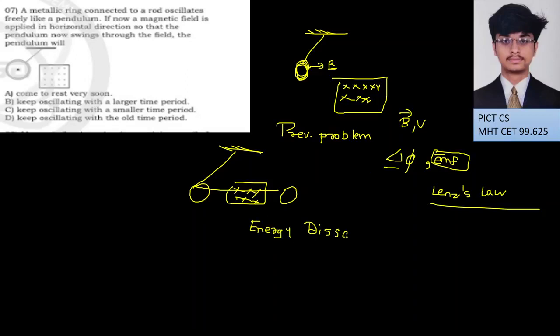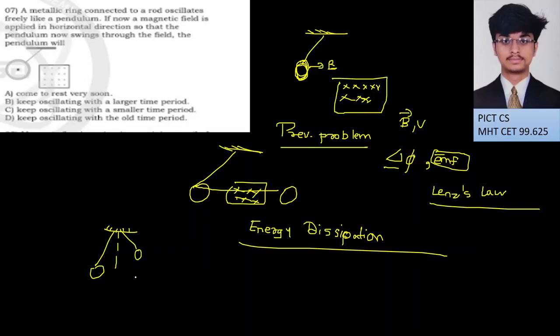Keep this in mind: energy dissipation means the energy of the system is getting reduced. Suppose it has some kinetic energy and potential energy, that is the total energy. The total energy is getting reduced and converted into energy stored in the field. So what will happen? Slowly its amplitude will decrease, like in the previous problem.